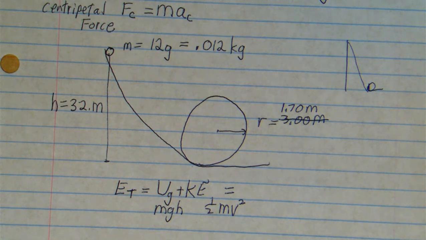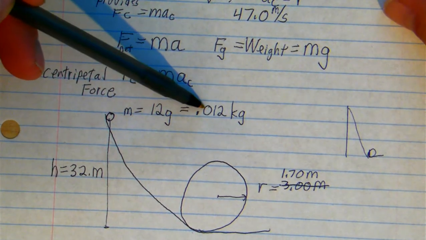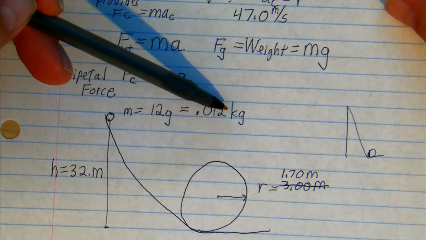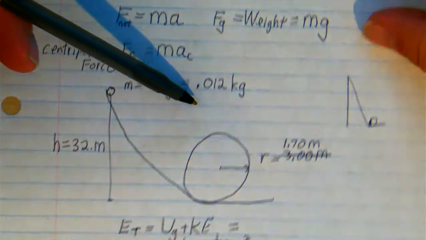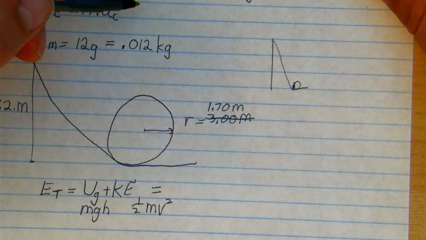All right. And Zara, do you agree? Ouch. That hurts, kids. Because we don't use 12 grams, we use 0.012 kilograms. Oh, so therefore, Zara, the correct value would be what?